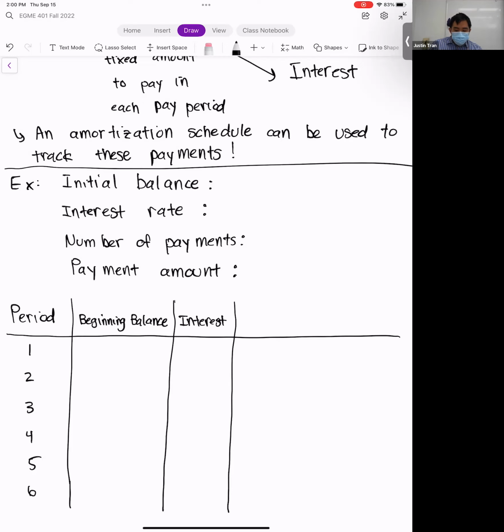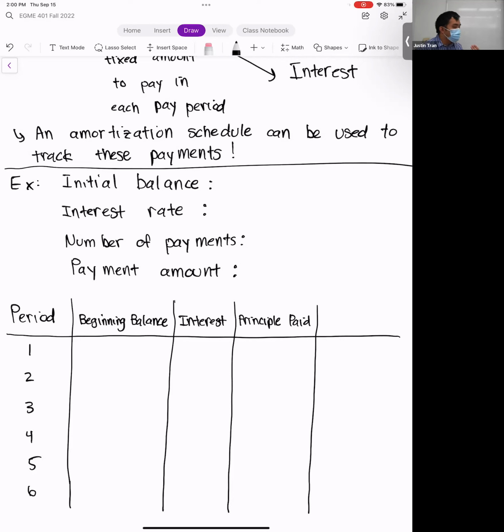Then you're going to compute the interest. Think of this as kind of like the fees that you pay for that period. Then once the interest is paid, you can see how much of the money from your payment is actually going towards paying off your loan.